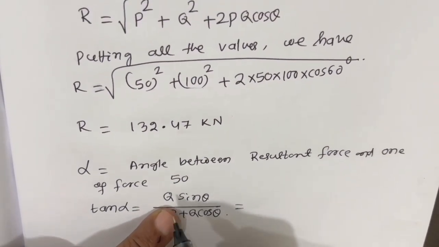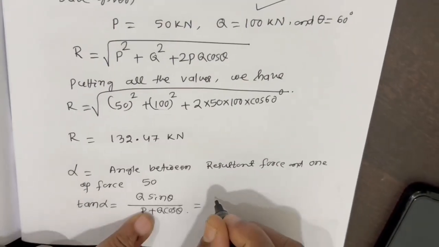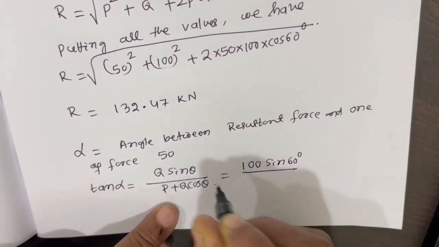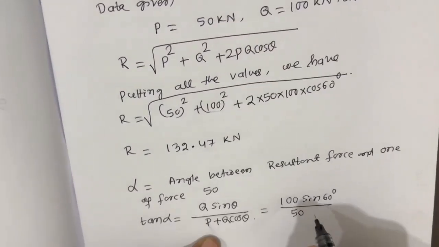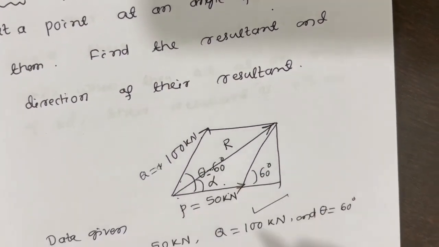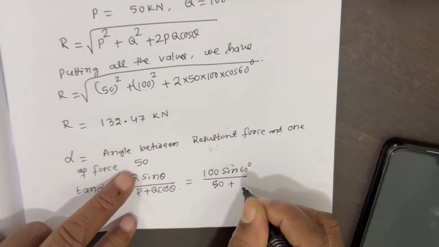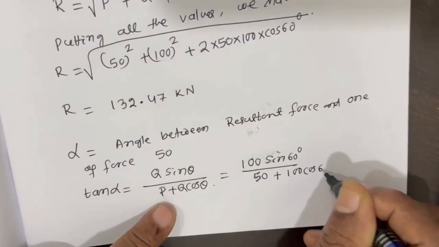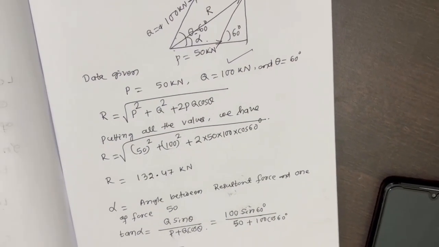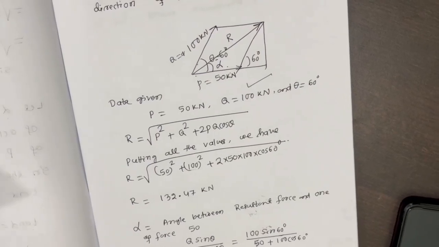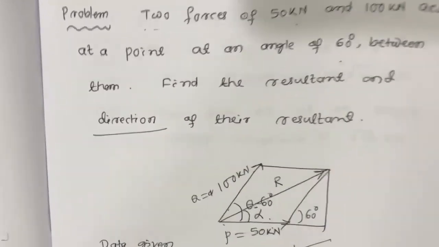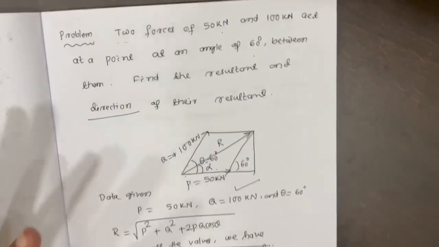After putting all the values here, Q is equal to 100, that is 100 sin 60 degree, then P is equal to 50 plus 100 cos 60 degree. You should carefully solve this problem. Then I will solve another problem.